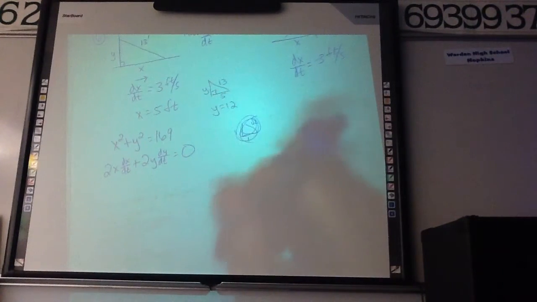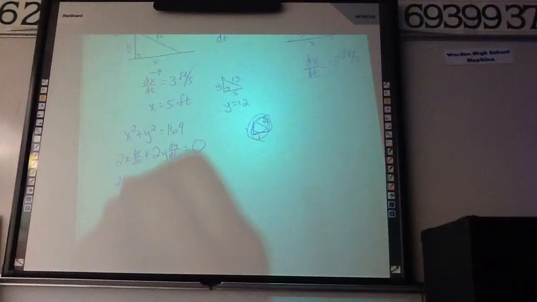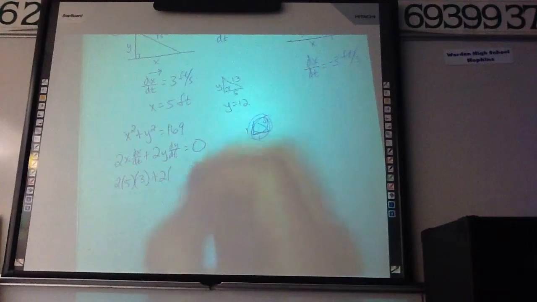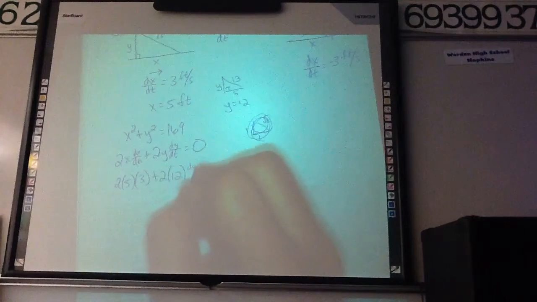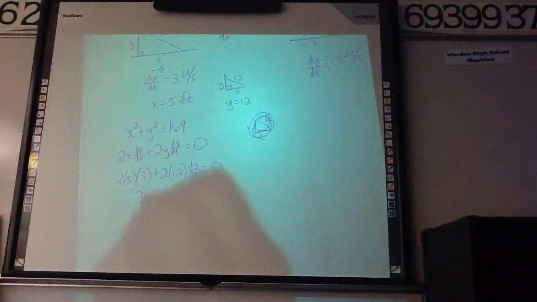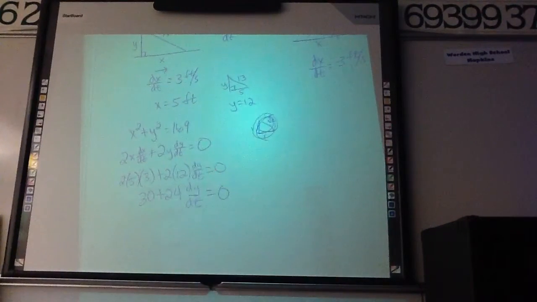Trust me, you'll get y equals 12. Plug it in. Solve for dy/dt. You can handle that. So you get 2 times 5 ... plus 24 dy/dt equals 0.